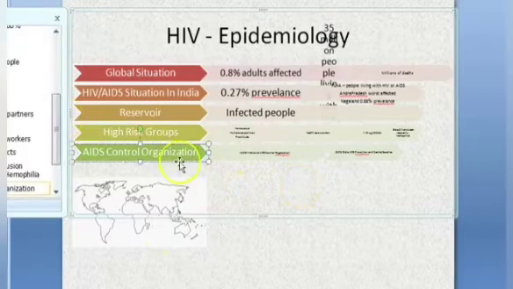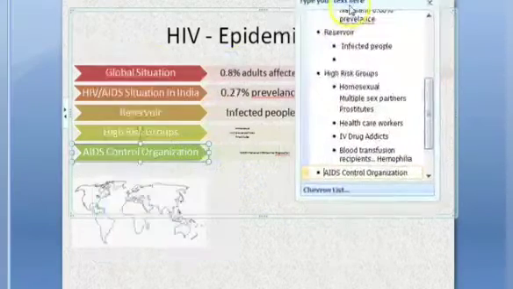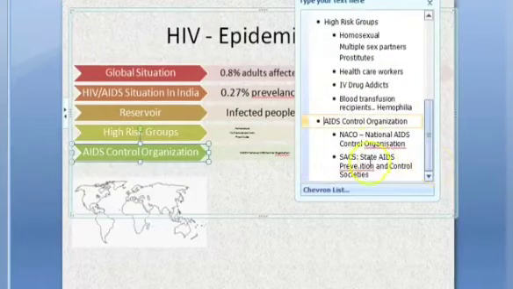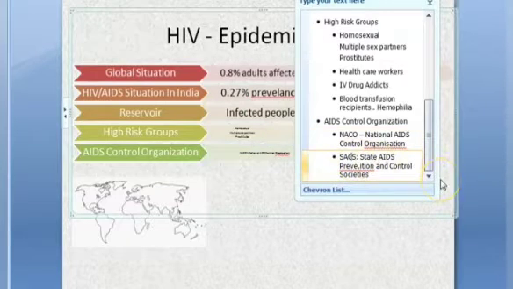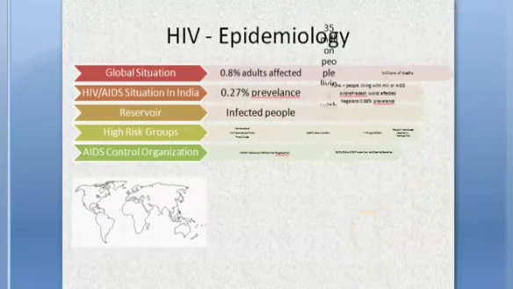At the national level we have NACO, that is National AIDS Control Organization. In the state we have State AIDS Prevention and Control Societies, SACS.